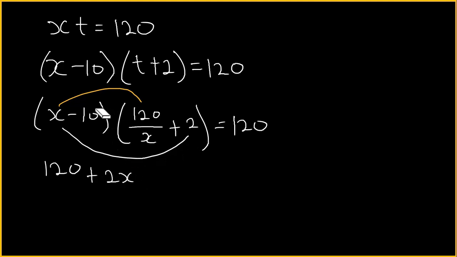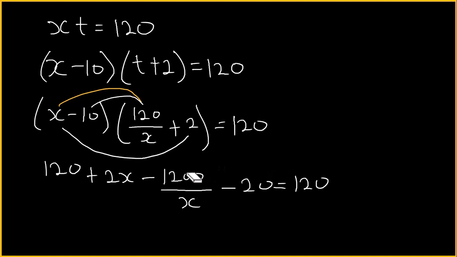Negative 10 multiplying 120 on x would be minus 1200 on x. And negative 10 multiplying 2 would be negative 20, is equal to 120.